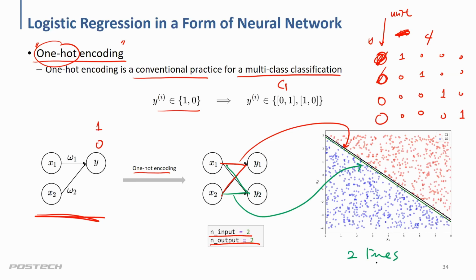Since we decided to have one-hot encoding, we have 2 hyperplanes. If this one is 1, the other should be zero, right? So there are 2 classifiers, but both are pretty much the same because we have a binary classification problem.